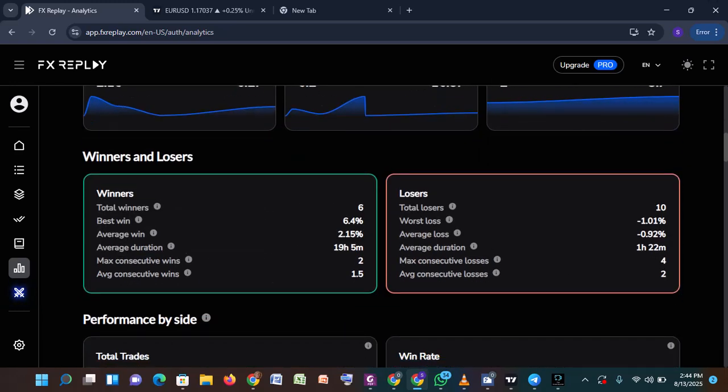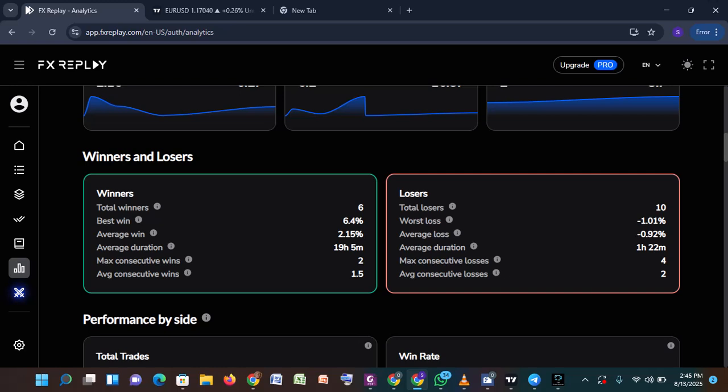So here is where it gets interesting. Let's focus on the winning part first, of course. Total winners: out of 16 trades, I won 6 trades, which means 6 trades gave me positive P and L at the end of the day, which means I lost 10 trades out of 16.